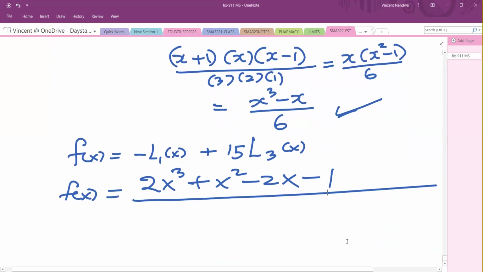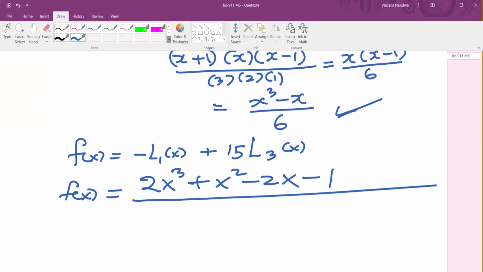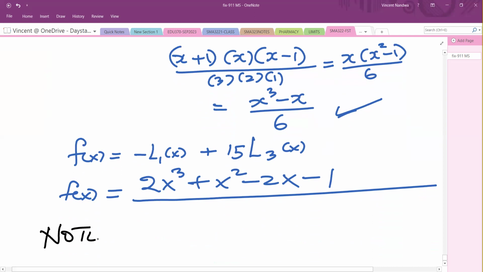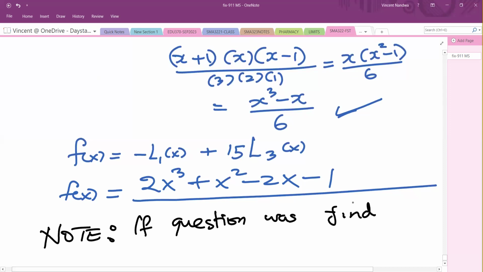To make more clarification on this application of Lagrange interpolation, note if the question was find f of, say, 1.5.